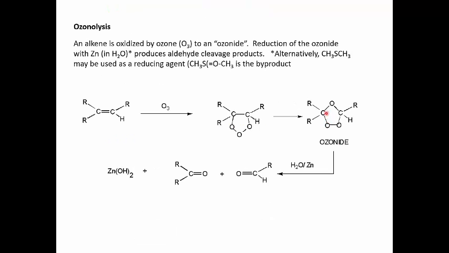Now, let's move to another instance of oxidative cleavage. In this new reaction, our reactants are alkene and ozone. Ozone has the formula O3. Now, ozone itself is interesting. Ozone is a different allotropic form of the element oxygen.